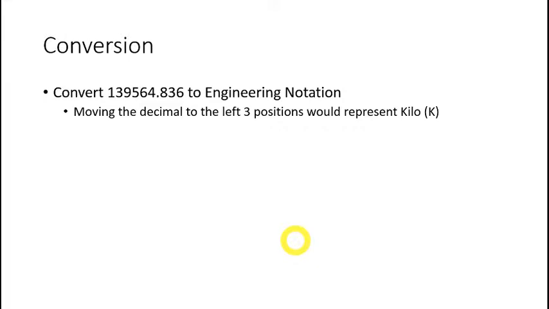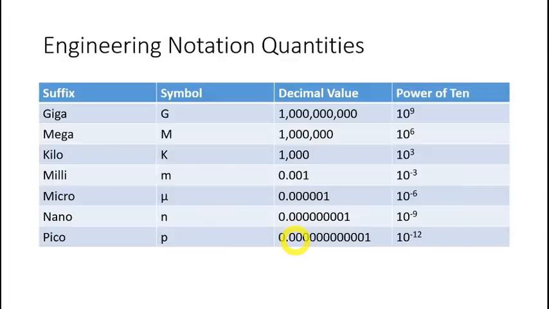If I'm moving to the left, that means I'm going in that larger magnitude. One thing I didn't state here is, if you notice, when I go in this positive magnitude, these are capital letters, K, M, and G. When I go in the smaller direction, they are lowercase m, micro, nano, and pico. Okay.